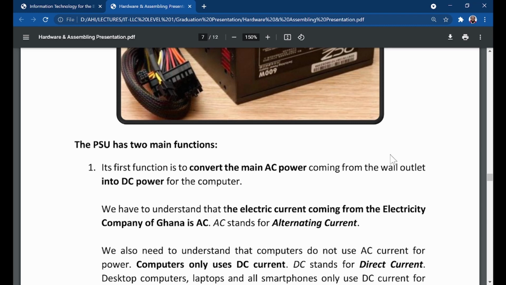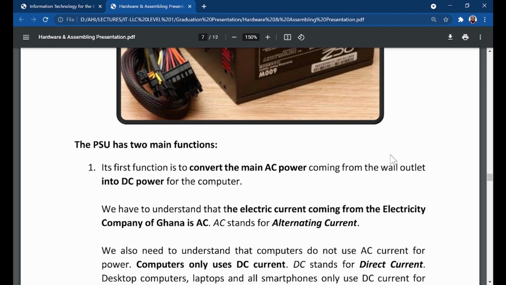And so if you bring a product directly from countries that use 110 and 120 into our country and you power them, immediately the product will blow. I don't know if you've seen any device that has blown before because of the voltage. And so for such products, we need to add a step down transformer. I don't know if you've experienced those things before.